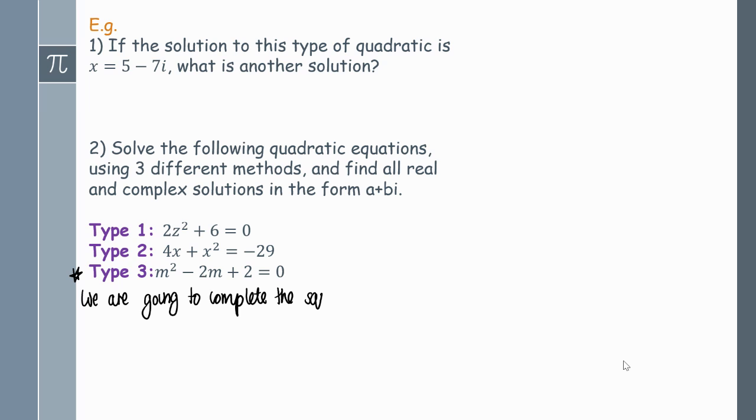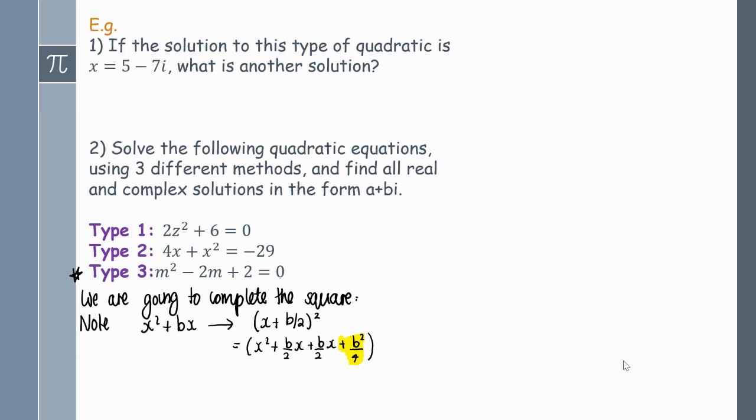First, let's refresh our memories on exactly how we complete the square. If we have a quadratic that looks something like x squared plus bx, we want to make this into a perfect square. To do this, we can express x squared plus bx as x plus b over 2, and square it all. This will give me x squared plus bx, but I'll have this extra b squared on 4 when I expand through.